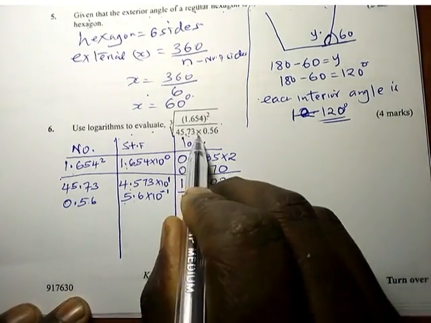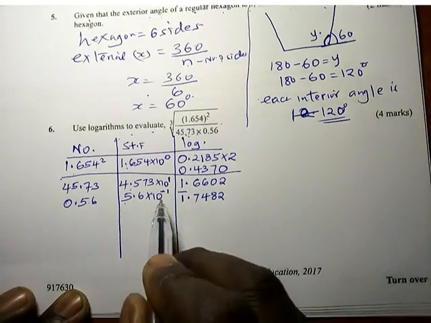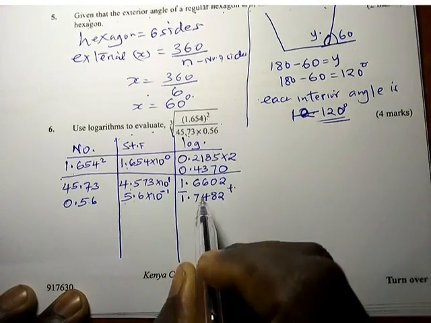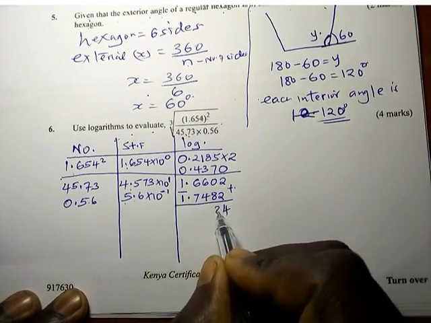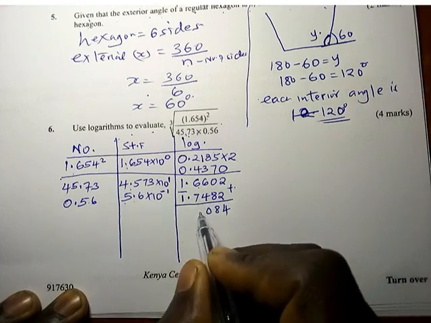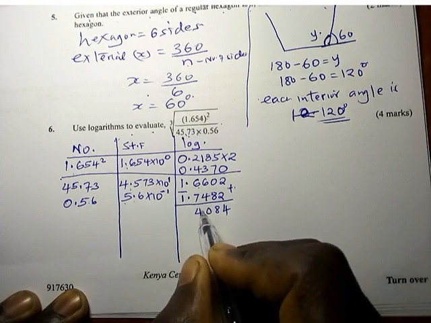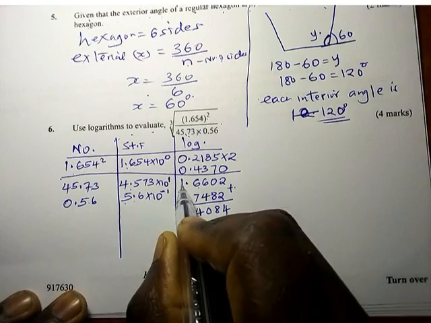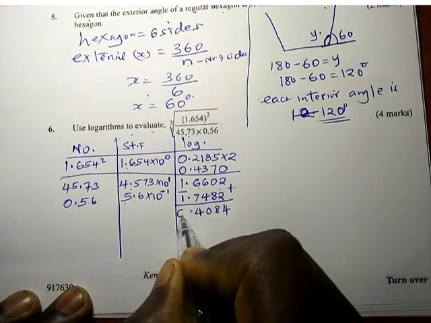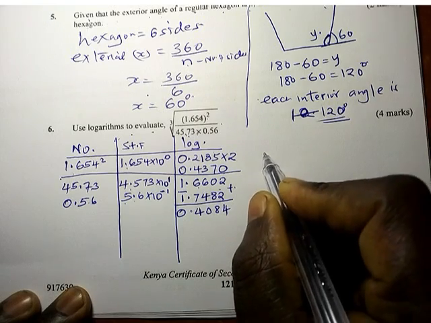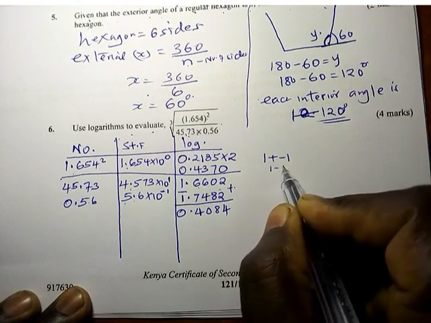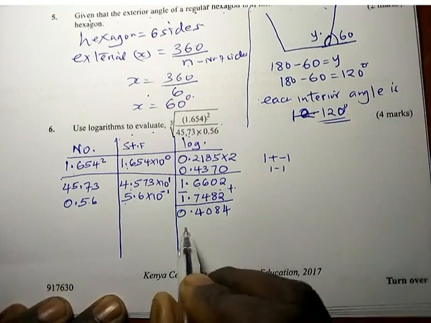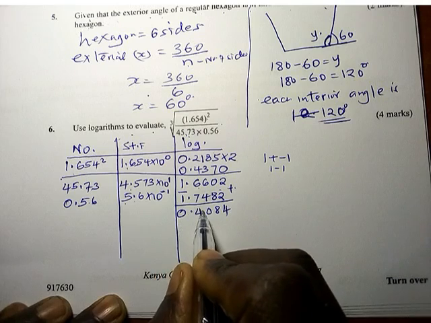Because this is multiplication in the denominator, we add so that we get the answer here. 4, 8, 10, 13, 14. 1 plus negative 1, the answer is 0. So now we have finished the denominator.